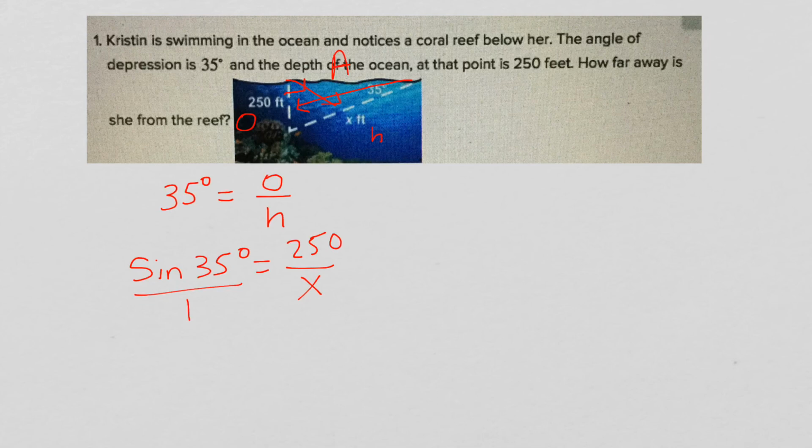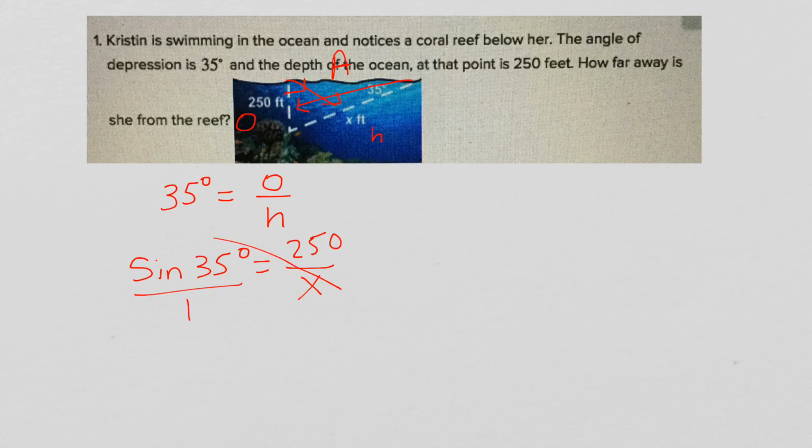So we look to see what we were given. We're given 35 degrees. We have an X on the H, and we have 250 on the O. So we have the O and we have the H. So if we have O and H, that means we're going to be doing the sine of 35 degrees is equal to, the O is 250, and the H is our X. We're going to go ahead and butterfly.